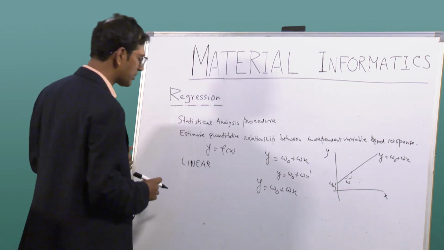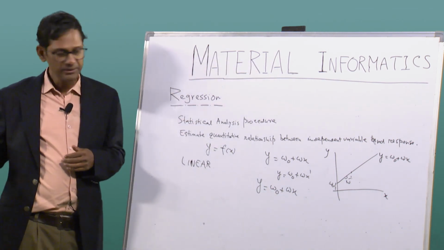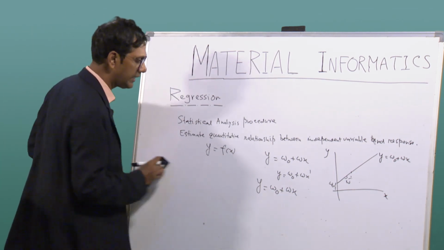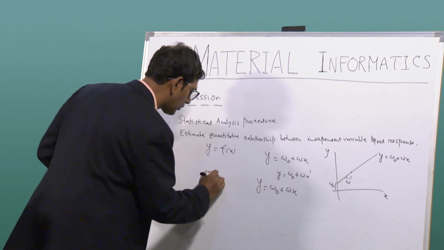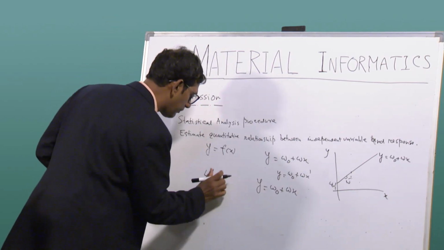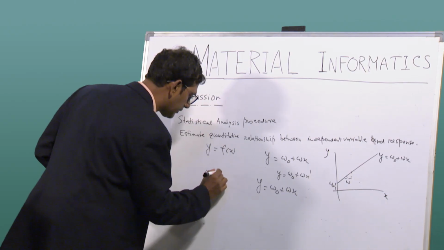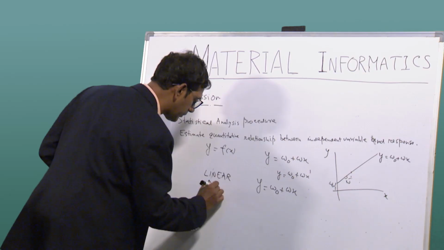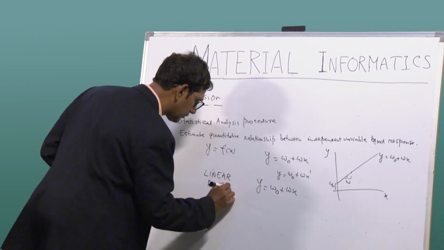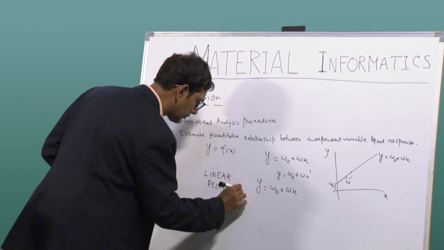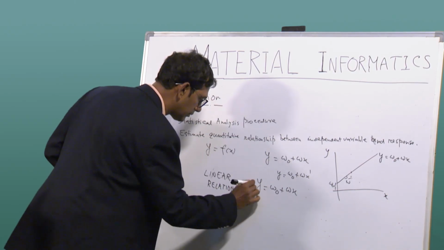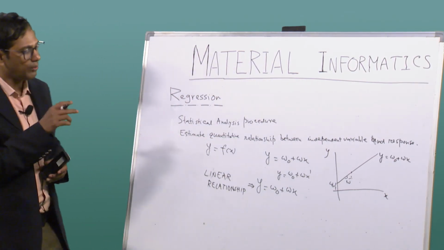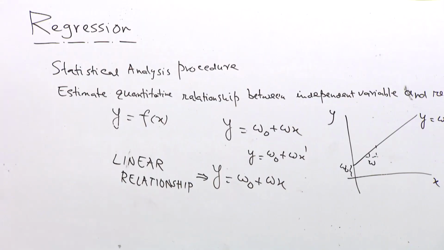That is the simplest possible linear relationship between a dependent variable and an independent variable. Here w0 and w are the coefficients that we need to figure out from our analysis.